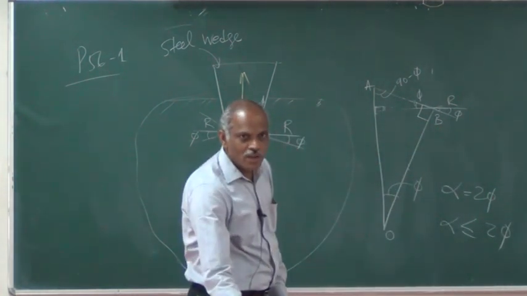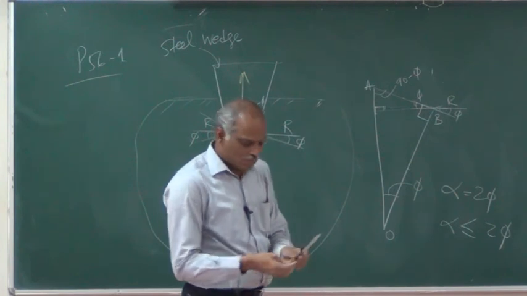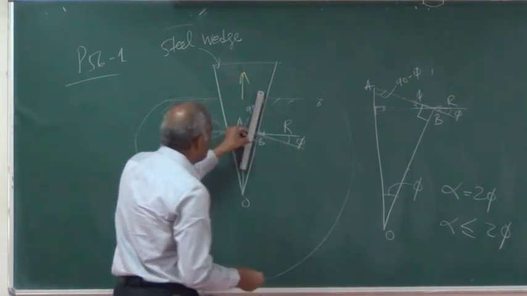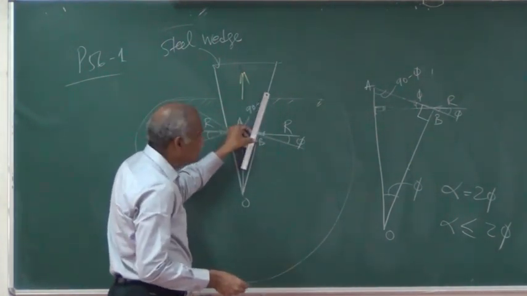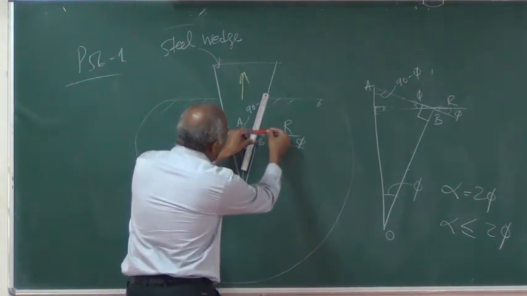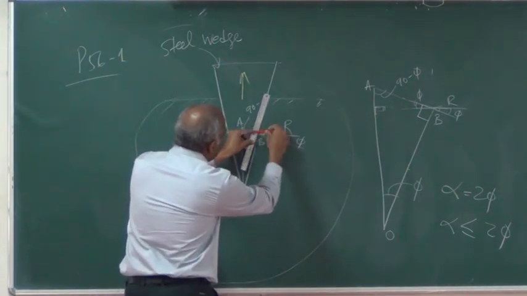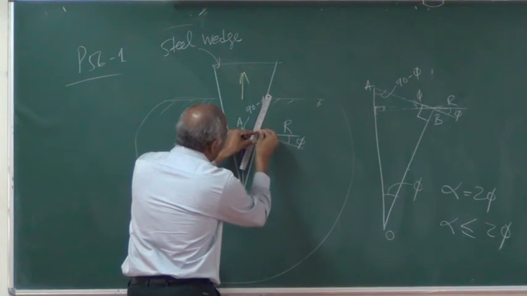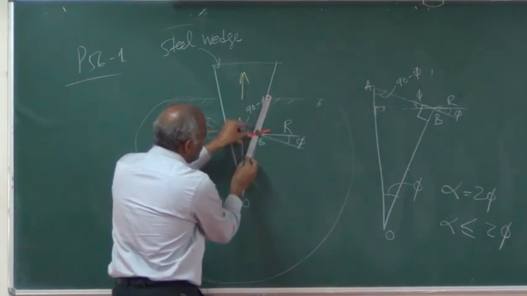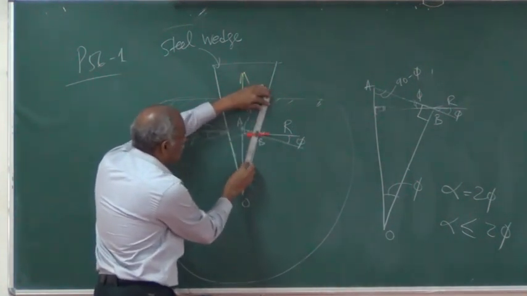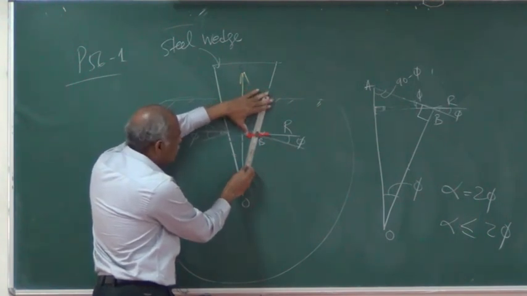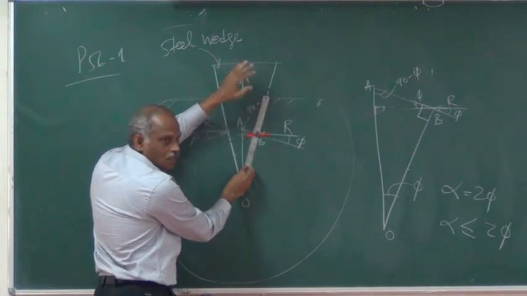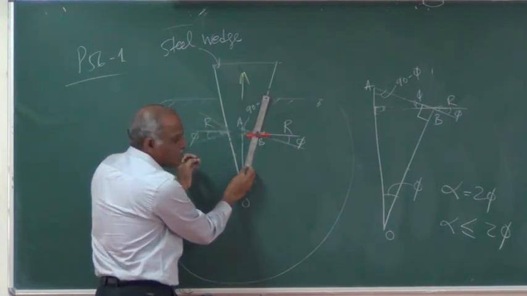Why? You have to see what happens. Okay, if I take for example this as my edge, you look at here, I have this at an inclined angle like this. Okay, so now it is horizontal. If the angle is less than phi, what happens?